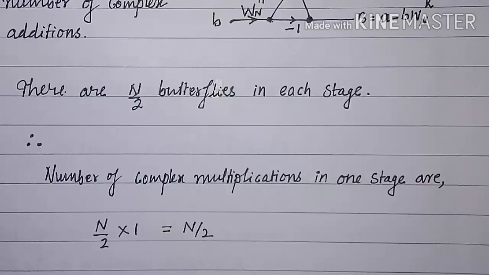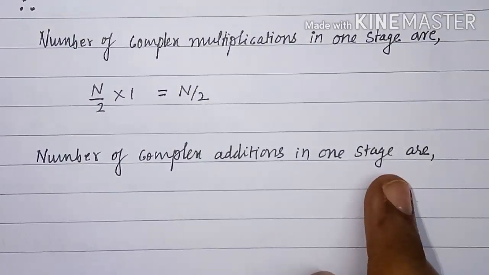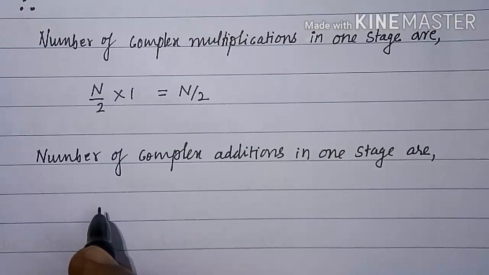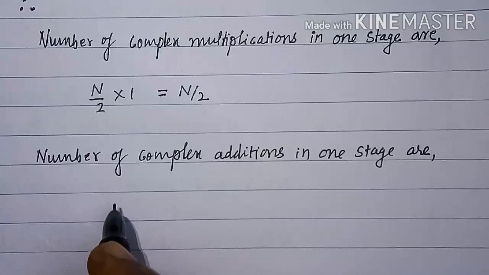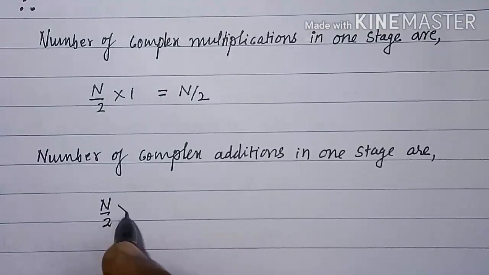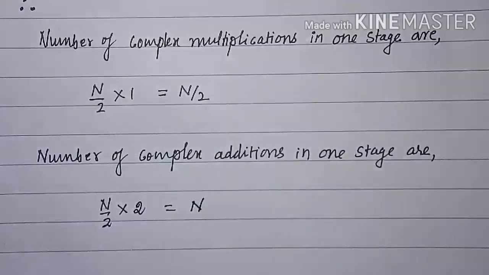Similarly, we will write for the number of complex additions in one stage. The number of complex additions in one stage is the number of butterflies per stage, that is N by 2, into the number of additions per butterfly, that is 2. On simplification, we get equal to N.